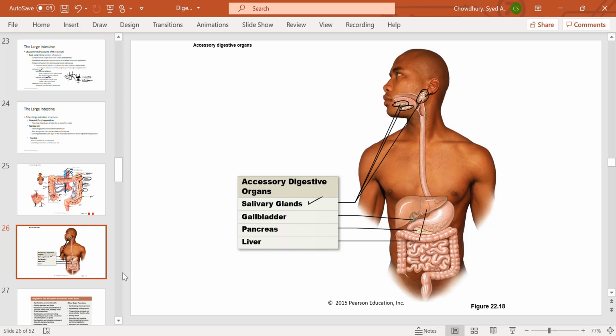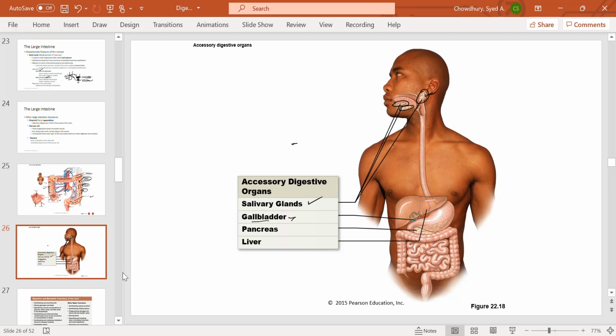So these are three types of salivary glands. And salivary secretion is slightly acidic, and that can keep the mouth clean regularly, because the secretion of saliva occurs all the time, to cleanse the mouth and also to kill the bacteria.